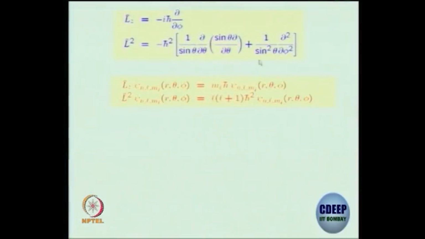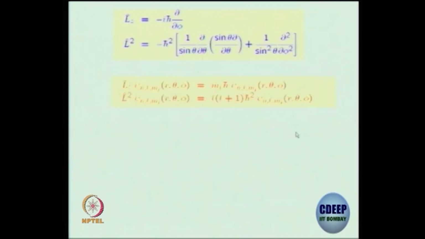What about L dot L? This also you can see, this will be the operator form for the theta phi part of the wave function. Please go back and look at the theta phi part of the wave function, and you can see that you can pull out an eigenvalue which is not L squared but L into L plus 1 times h cross squared. Go and look at that theta part of the wave function.